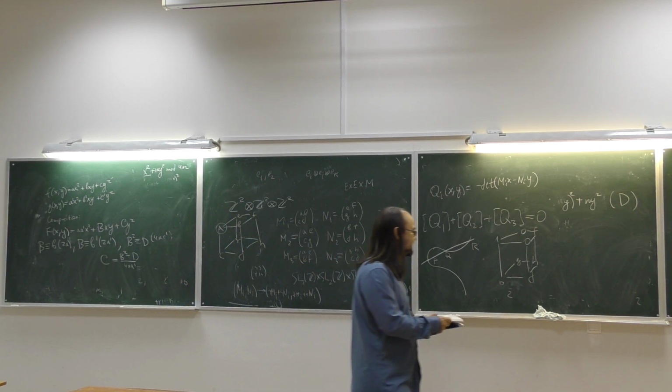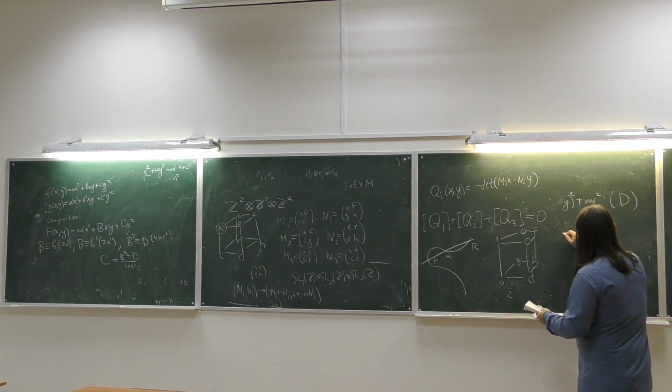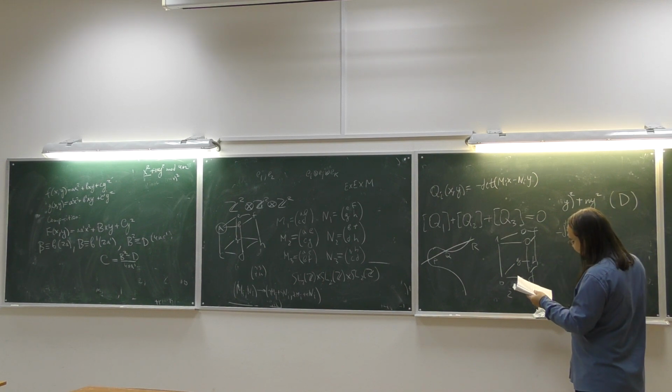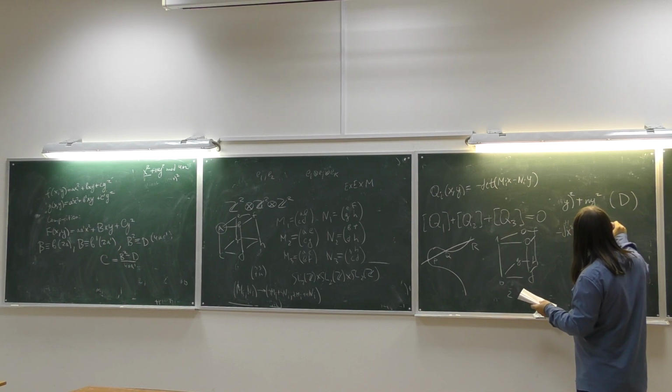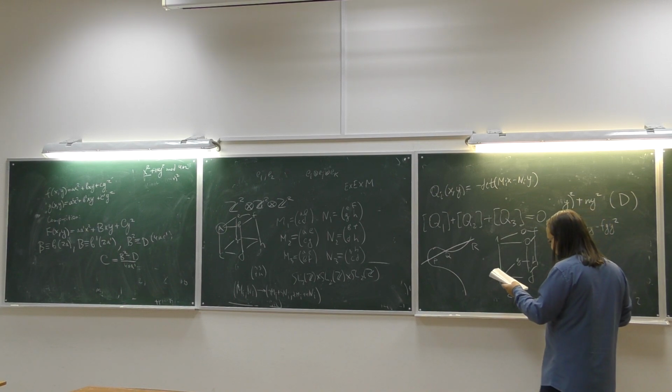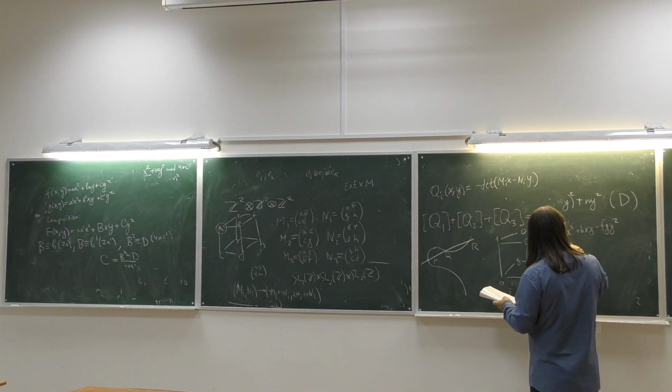Let me write down the explicit forms here. Forms will be minus dx squared plus hxy minus fgy squared. You also get minus gx squared plus hxy minus fdy squared.